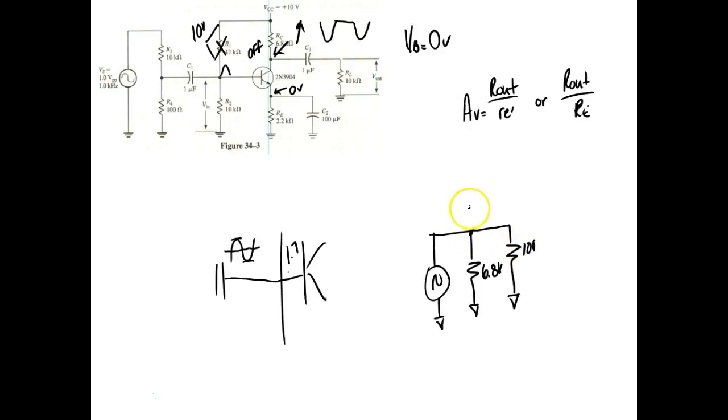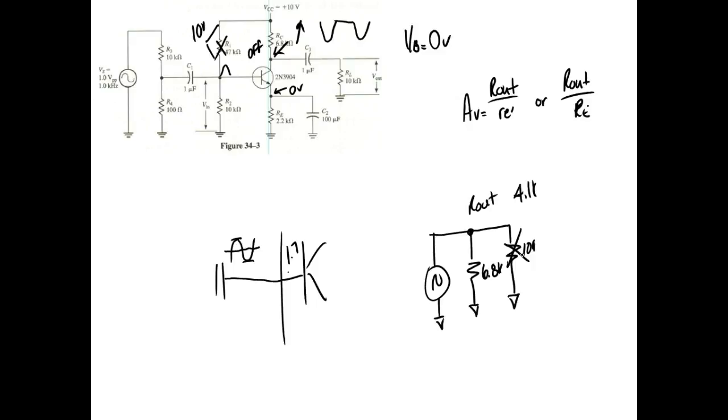And we calculated R out to be equal to 4 point, what did we calculate it to be? 4.1K. Well, what happens when that opens up right there? What's R out going to be equal to now?